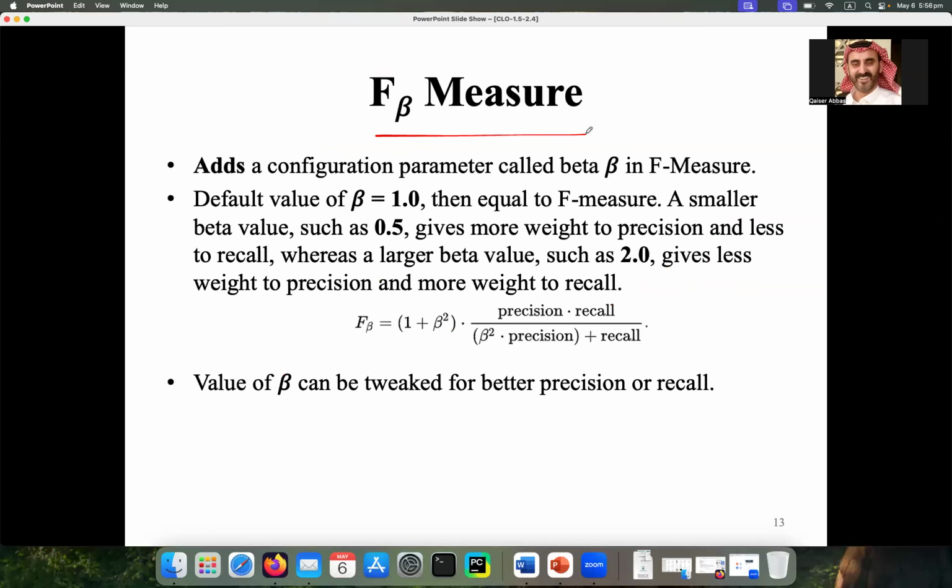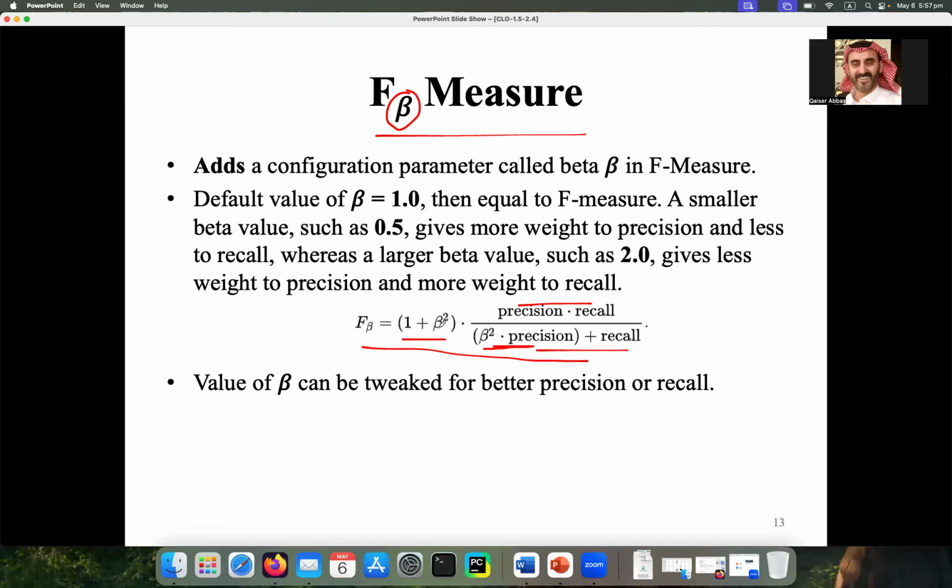F beta measure. The only difference from the previous equation is that we have the addition of this beta parameter. After the addition of beta, the equation of the F beta measure becomes (1 plus beta square) multiplied by precision and recall, over the same thing, but here we are multiplying the precision by beta square.